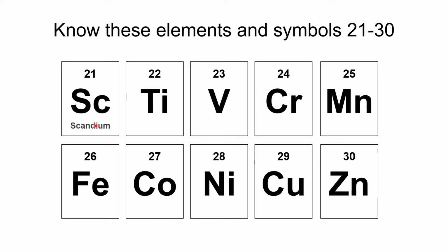Sc is scandium. Scandium has quite a few properties that are similar to aluminum. Ti is titanium. It's a very strong metal. It's used for a lot of different applications. V is vanadium. It's used in making stainless steel. Cr is chromium, also used in stainless steel quite a bit.